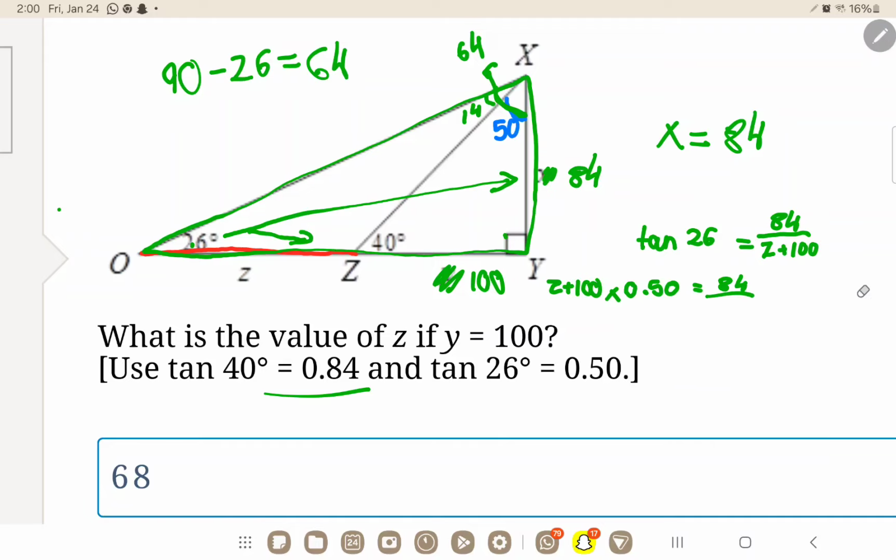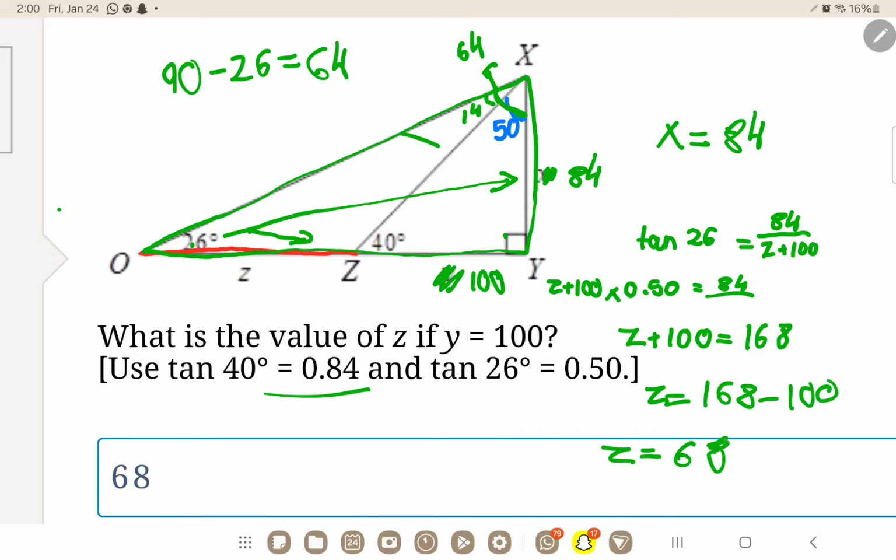Then you cancel out these from this side, and then you divide, so z plus 100 equals 84 divided by 0.5, which is 168. So we can replace this by 168. So z equals 168 minus 100. Z equals 68. And that is it for this question.